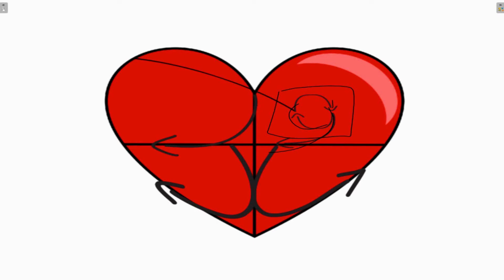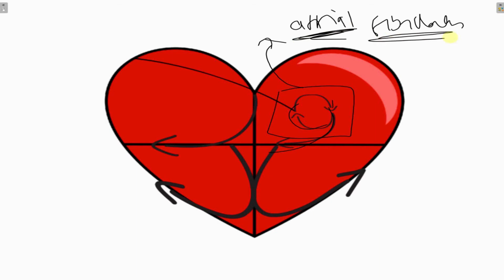Because the most common one occurs in the atria, that's why it's known as atrial fibrillation. The name fibrillation comes from looking at the electrocardiogram, the ECG, and noting a fibrillating baseline, amongst other characteristics.